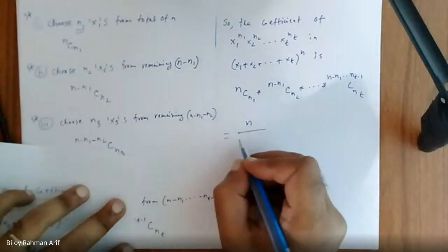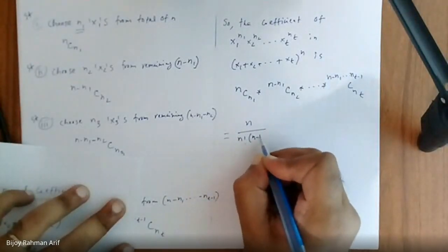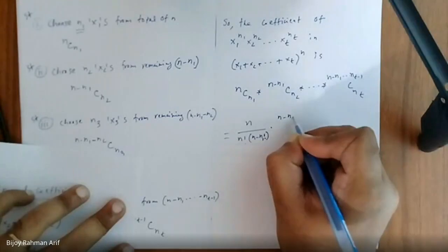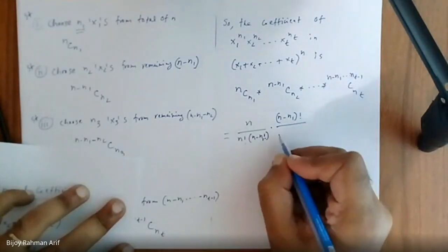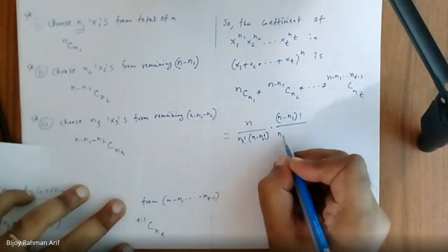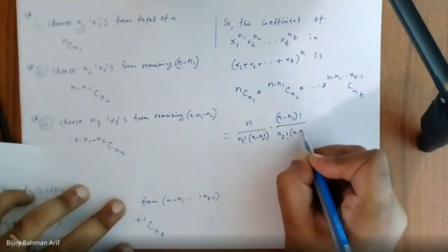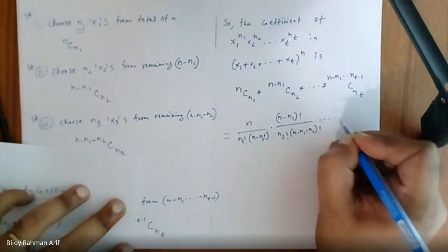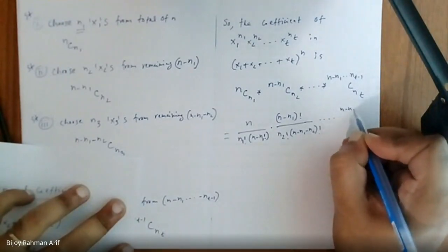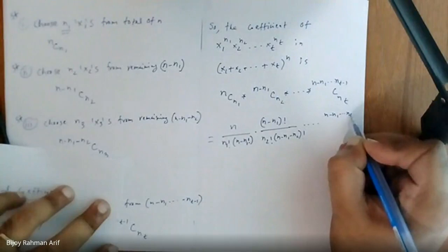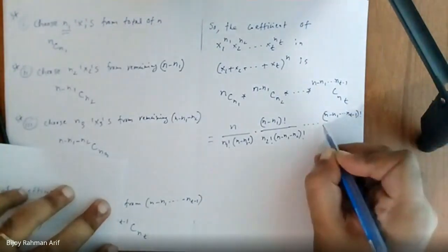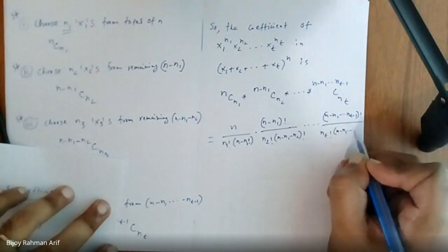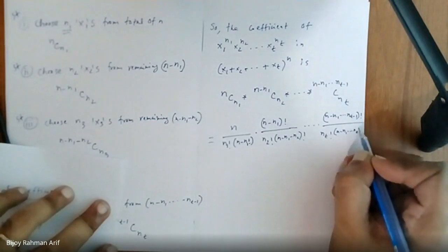What would be the answer? N factorial over N1 factorial times N minus N1 factorial, then N minus N1 factorial over N2 factorial times N minus N1 minus N2 factorial. So this will continue, and the last one is N minus N1 minus dot dot dot NT minus 1 factorial divided by NT factorial times N minus N1 dot dot dot NT factorial.